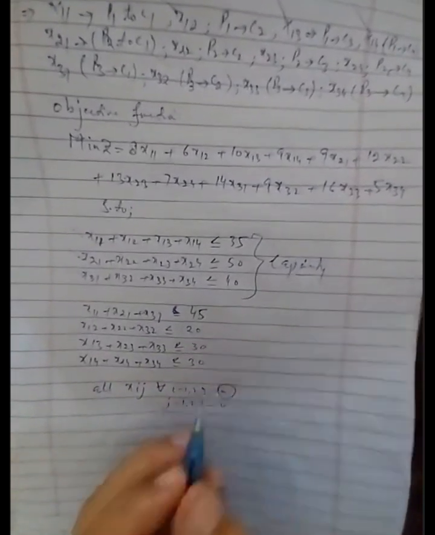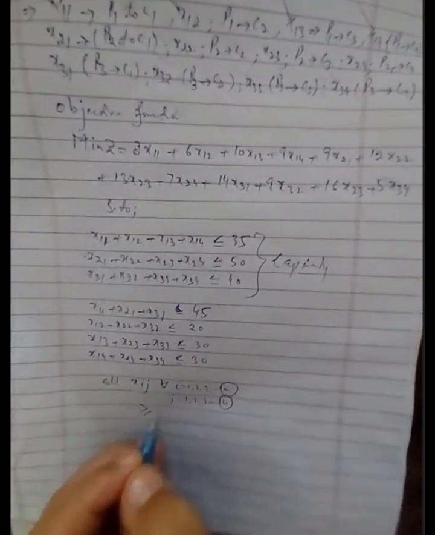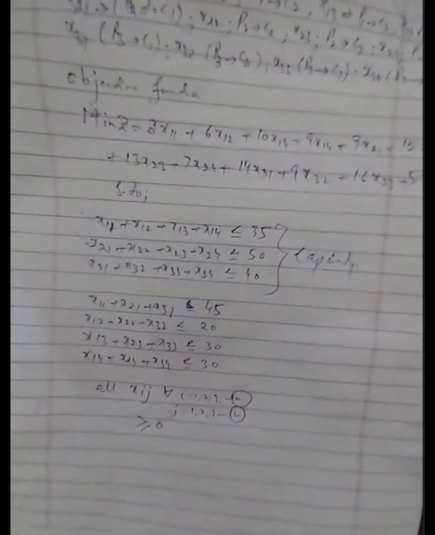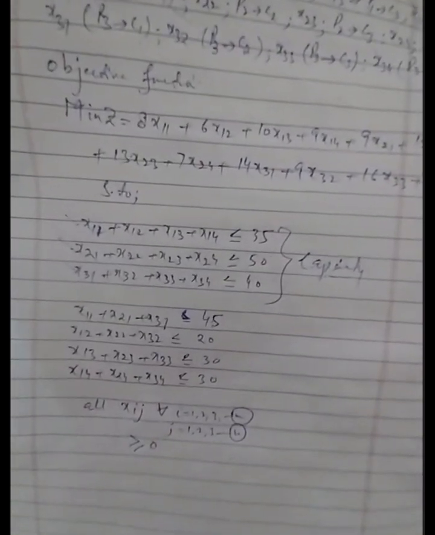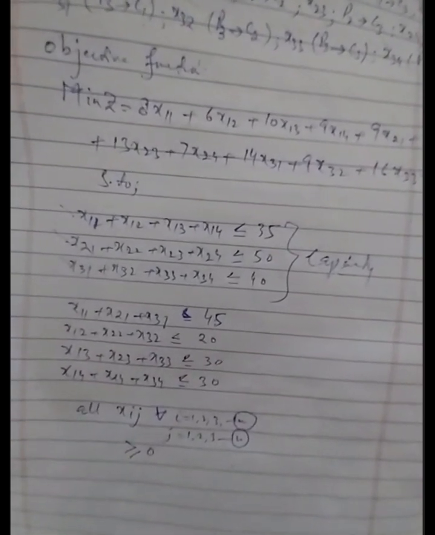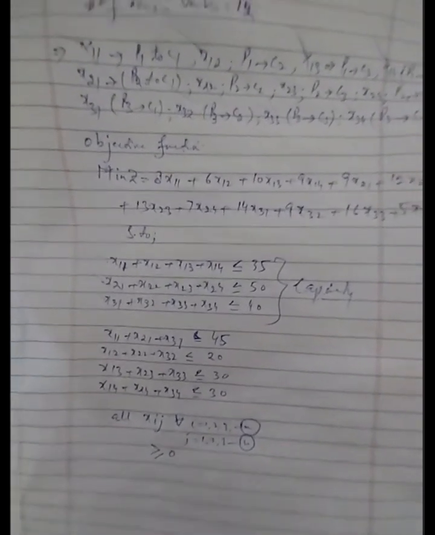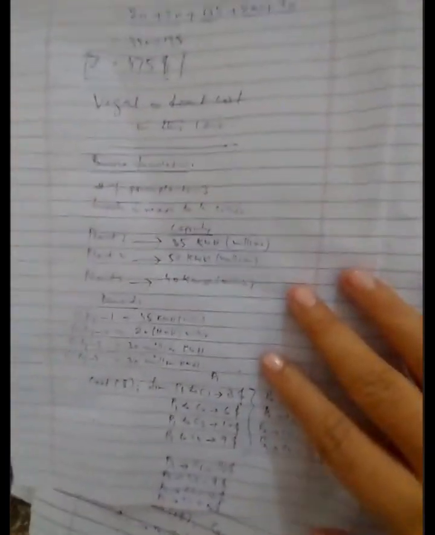It means that for m power plants and n cities, xij must be greater than or equal to 0, which is the non-negativity constraint. You must have this constraint in each mathematical model. So that is how we model a transportation problem.